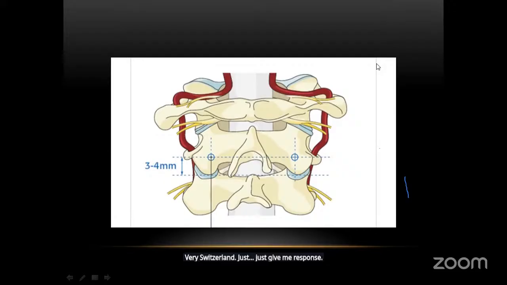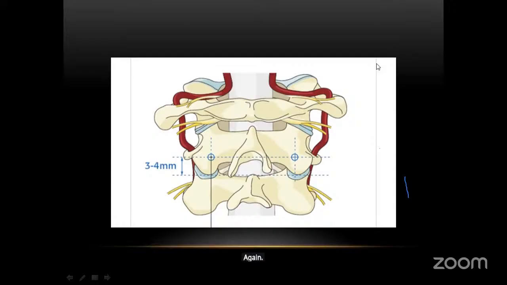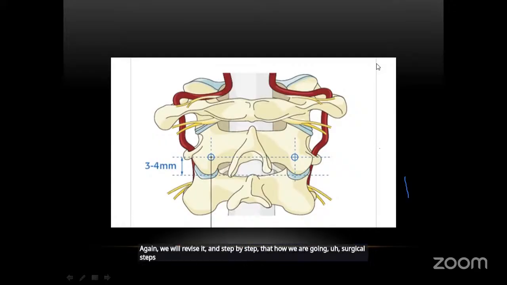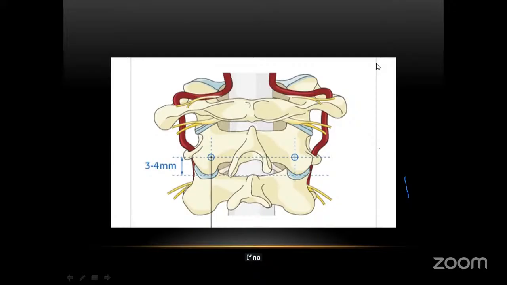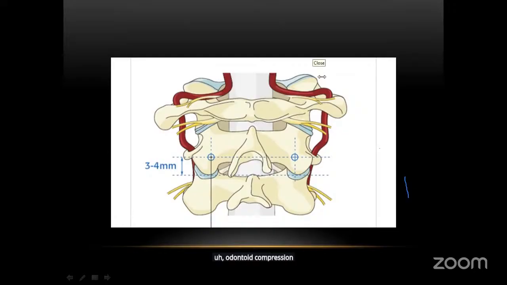If you need a revision of this, then we can revise it separately, step by step, with the associated surgical steps. If not, then we will proceed further to occipitocervical fusion and odontoid compression screws.